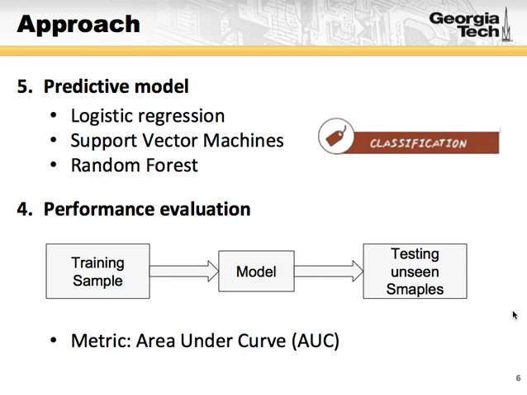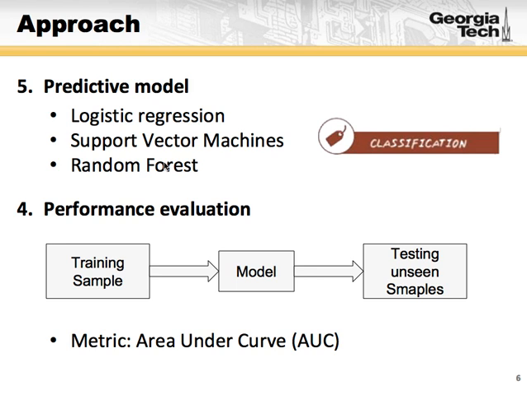Now we have figured out what we want to predict, who we will use to make the prediction, and what features are used in this prediction. We will go and train a prediction model. Since this is a classification problem, we will try all these popular classification algorithms such as logistic regression, support vector machines, and random forest.